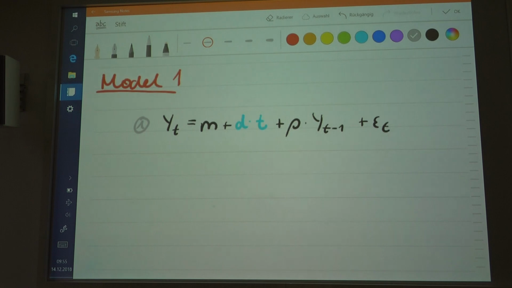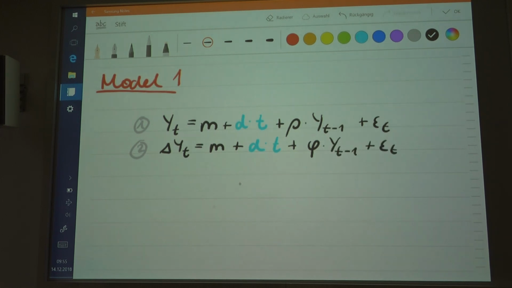And the second model will be that you have delta y_t. It's going to be the same thing except for phi. So m plus d t plus phi times y_t minus 1 plus the noise.